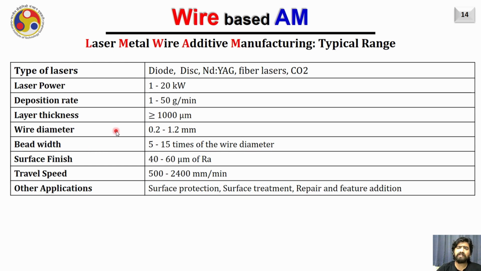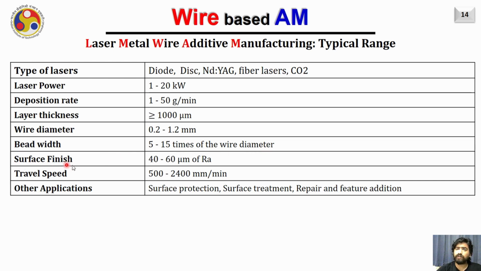Also, such systems are typically used for high deposition rate. Therefore, it is preferable to use a larger wire diameter. The other parameter is the bead width. It usually varies from 5 to 15 times the wire diameter.